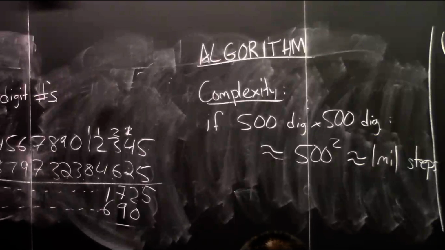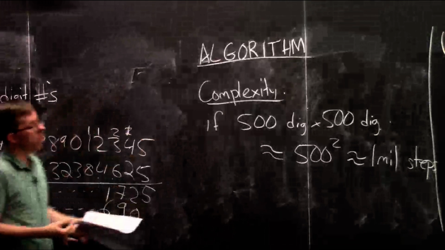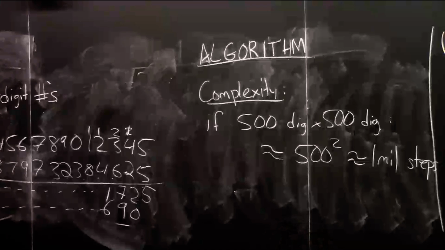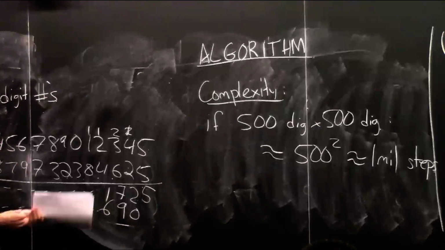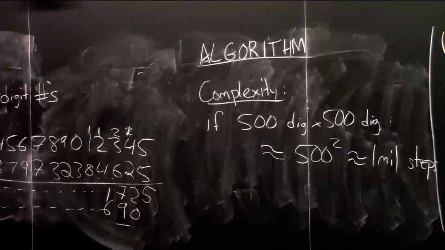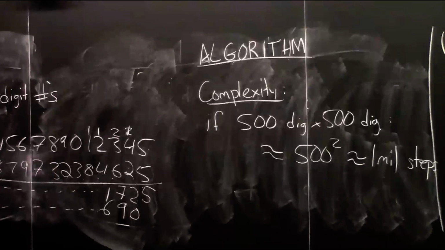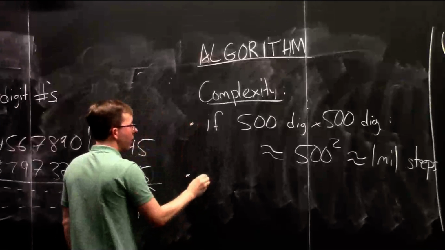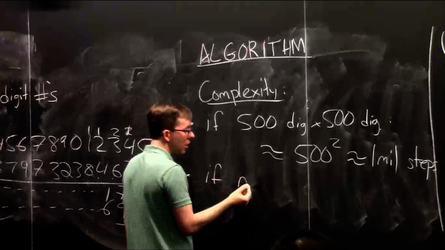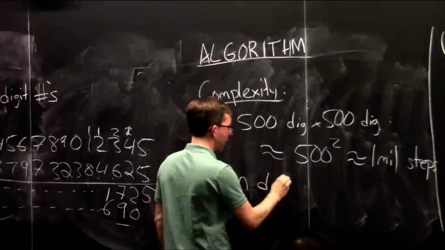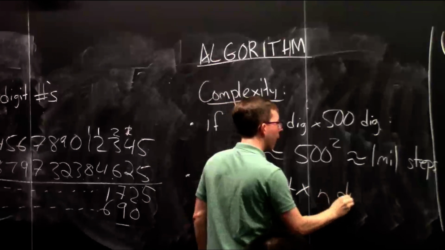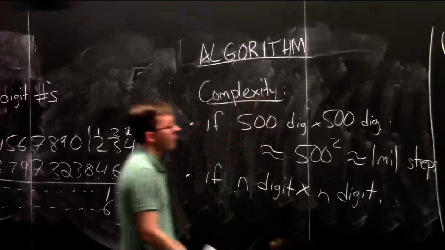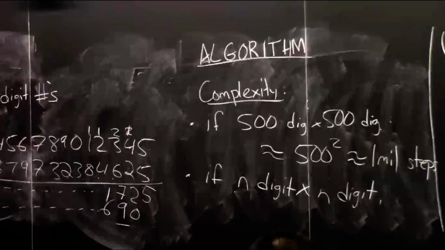Great. But in general, in computational complexity, we're concerned with more than just what if there's 500 digits in the input. You want to know how the number of steps the algorithm takes, or how the resources used by the algorithm, scale as the size of the input scales. So in particular, if you use this algorithm, if it's n-digit or n-bit numbers, then this tableau of digits that you have to create will have about n rows and n columns, so there'll be about n squared digits.